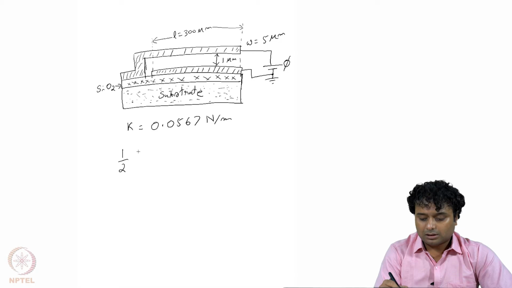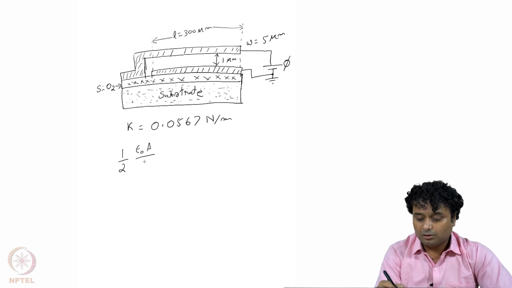So let's consider that between these two plates there is air, so no epsilon r, only epsilon naught, and that becomes epsilon naught A divided by (d minus y) whole square, as we wrote earlier, and here in this case it will be, let's call it gap G0, minus uz.